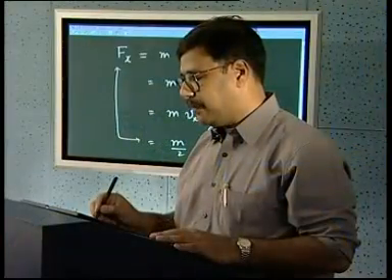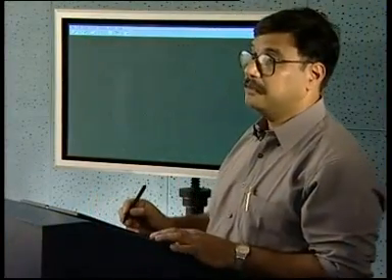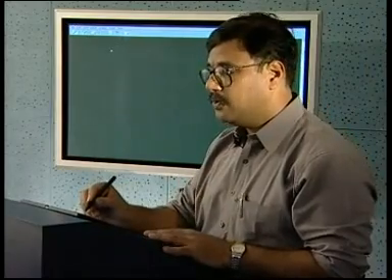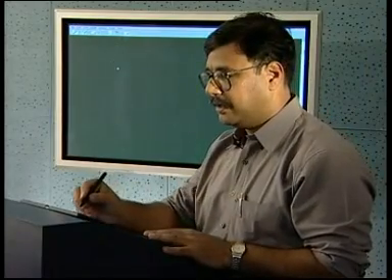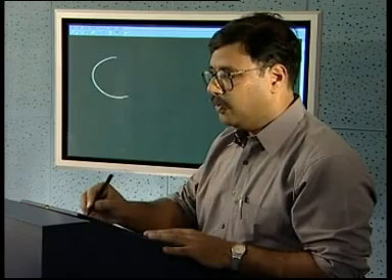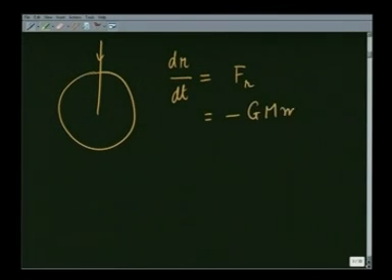Let me go back to the example of gravitational field, since I mentioned that earlier. Suppose I want to know the velocity of a particle in gravitational field. If the particle is moving in the radial direction, then I have the force, which is in the radial direction itself, equal to minus GM m over r square, or it should be d 2 r by dt square, because I am talking about the acceleration and the mass.